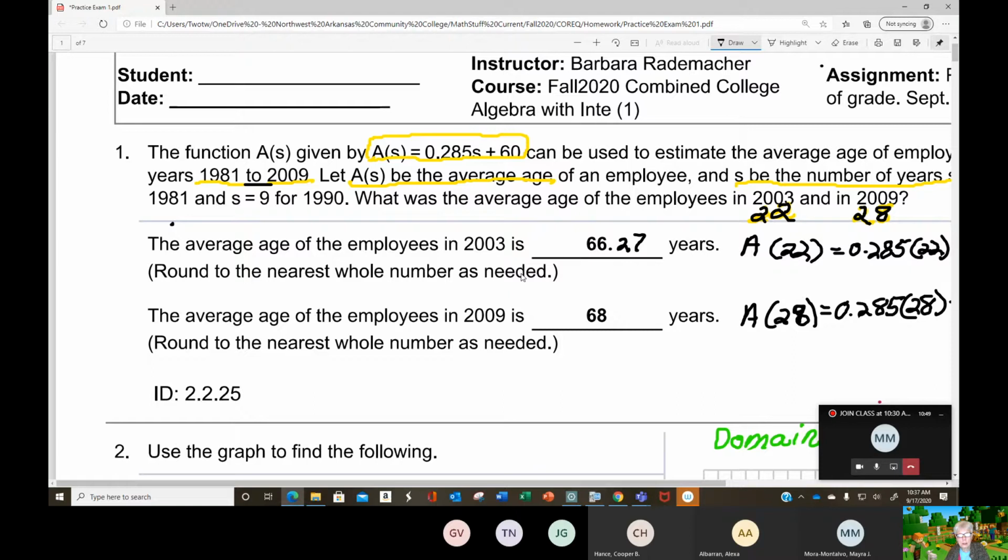You would think you punched the wrong buttons in your calculator, but you didn't. You just didn't round it to the nearest whole number, which means no decimal points. That's how they end up with around 66. It's what you need to do if this problem is on the test.